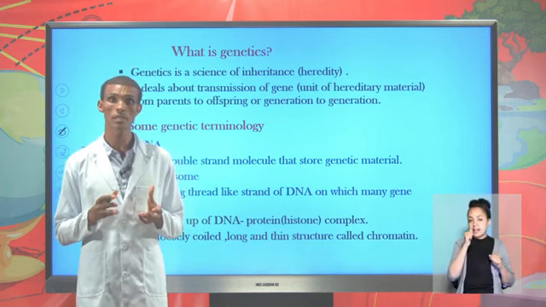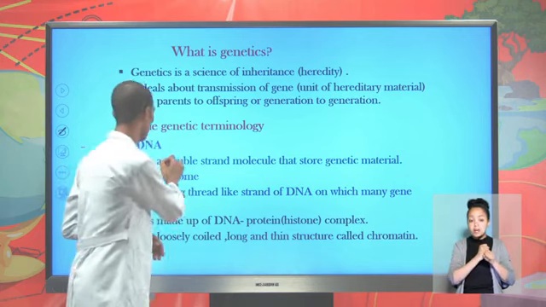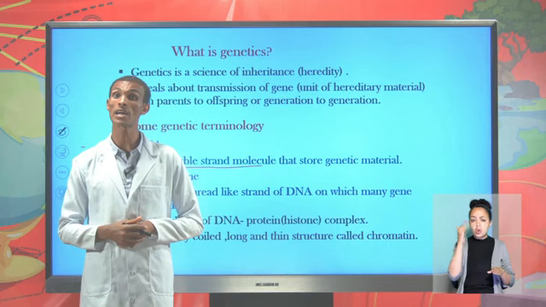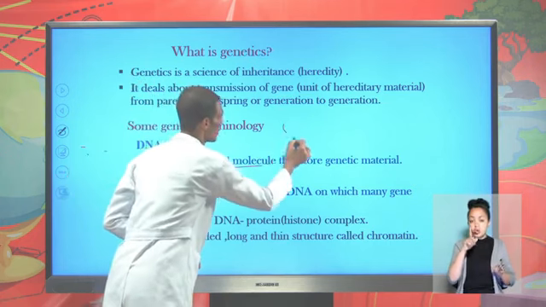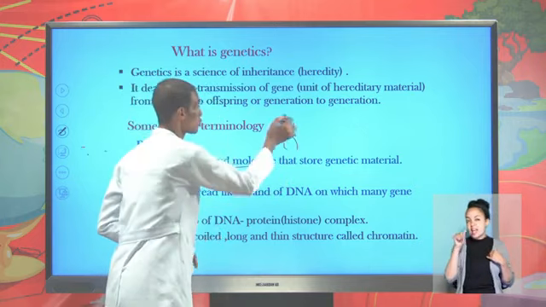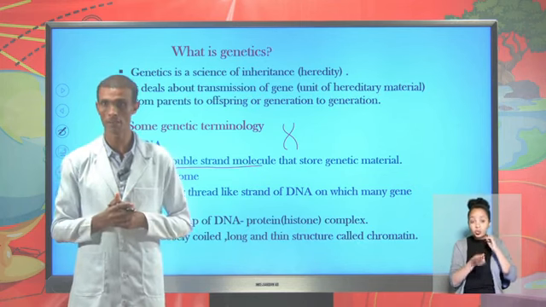DNA is a very stable molecule and it is made from two strands. By that, DNA is considered a double-stranded molecule, a structure made from two strands, which is very important for storage of genetic material.